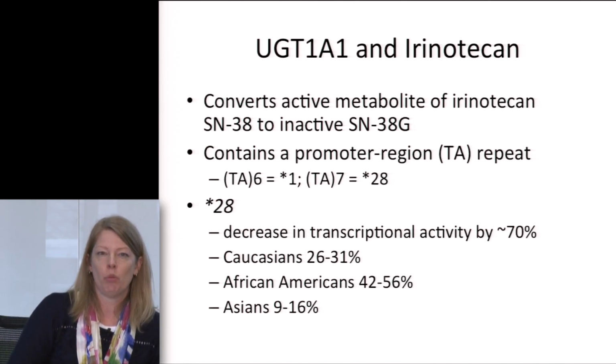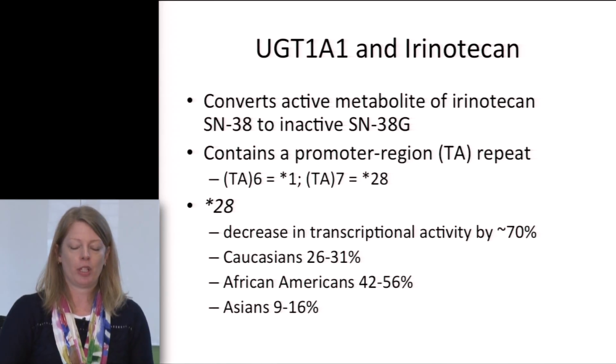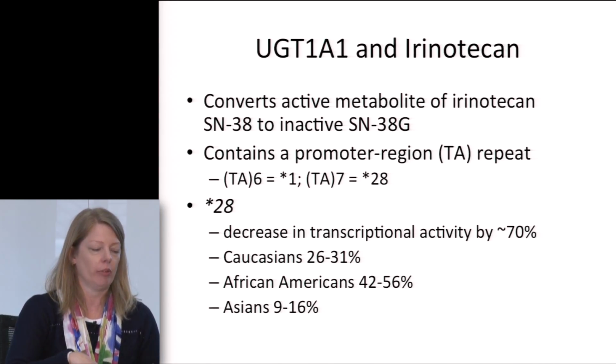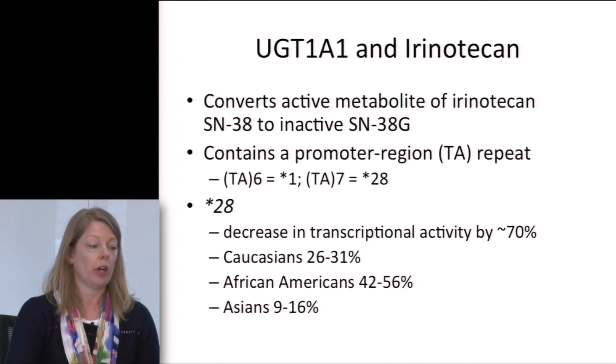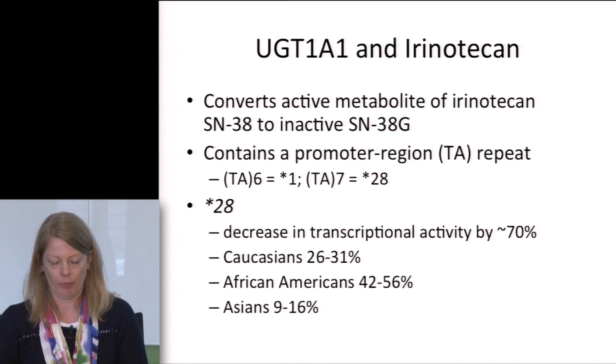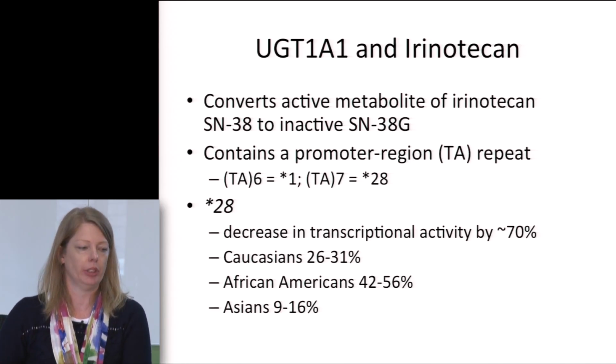But the UGT1A1 is responsible for converting SN38 into SN38G. So it's responsible for the glucuronidation of SN38 to an inactive form. So this again is an example of clearing the active form of the drug.